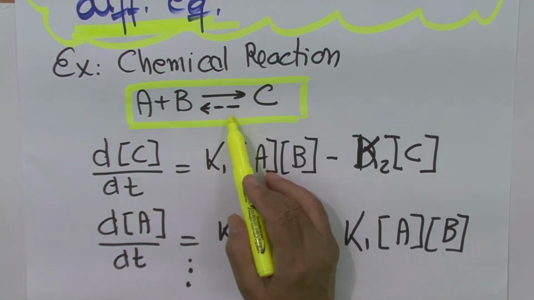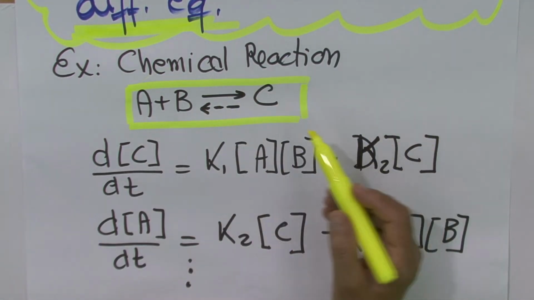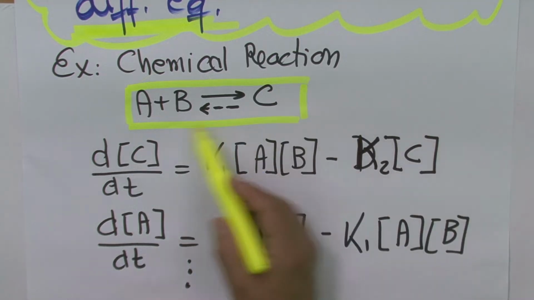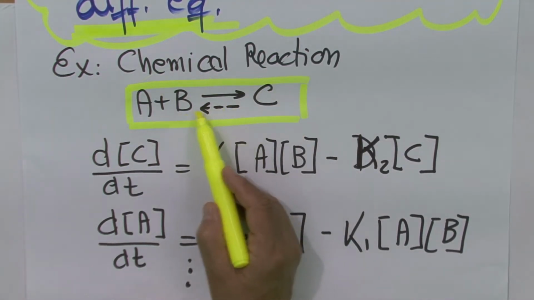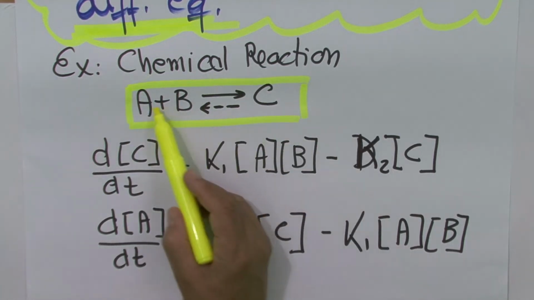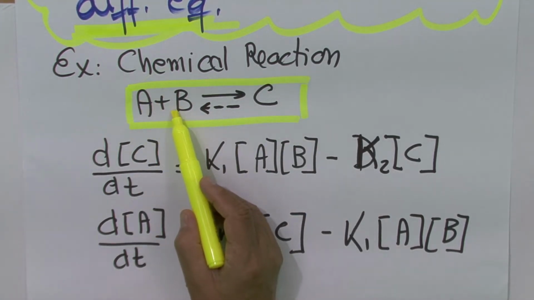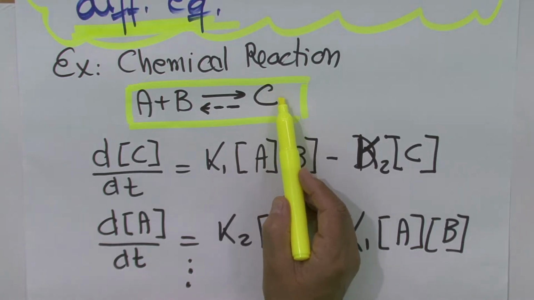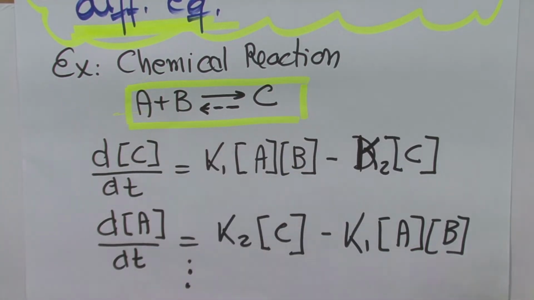This is what we call equilibrium, or not necessarily equilibrium, but it's a possibility. If those arrows were equal, it would be an equilibrium, but it's not. Here I'm saying that A plus B is forming more C than C is forming A plus B.